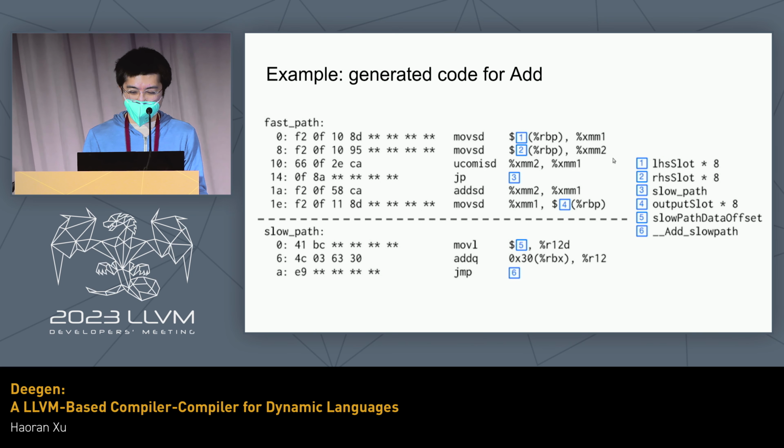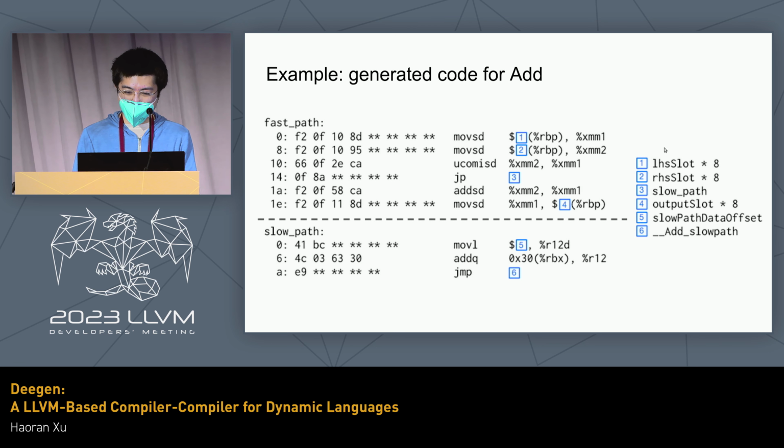Now let's take a look at a concrete example of the add. As you can see, the generated code has holes in it, like 1, 2, 3, 4. And every hole is defined by an expression. At the time we JIT code, these expressions are executed, and the outcomes are burnt into the instruction stream.